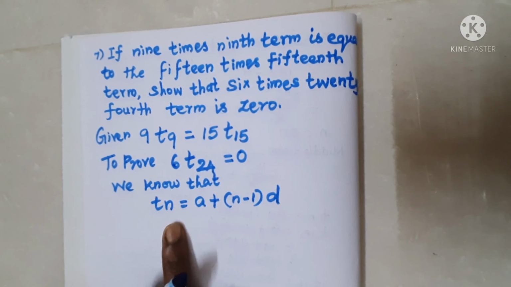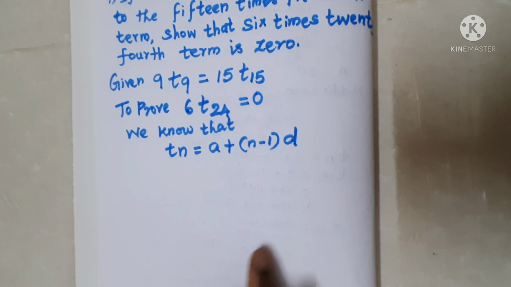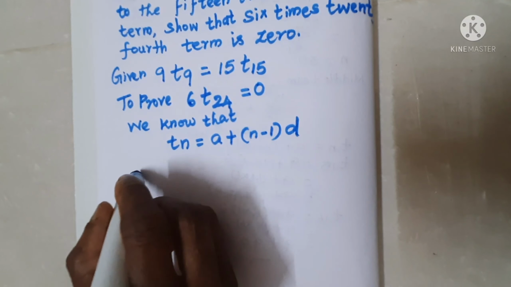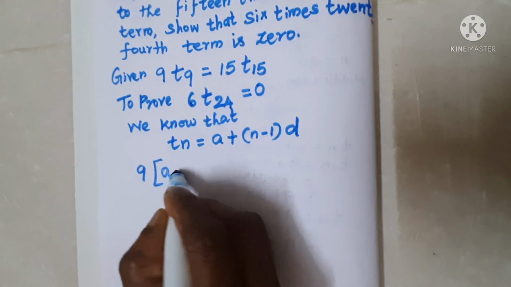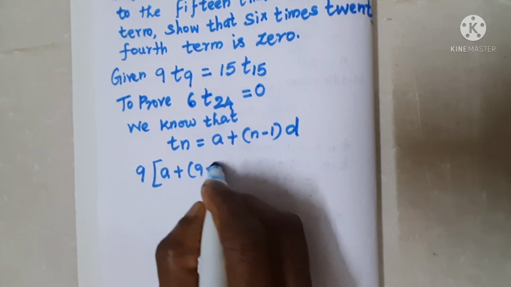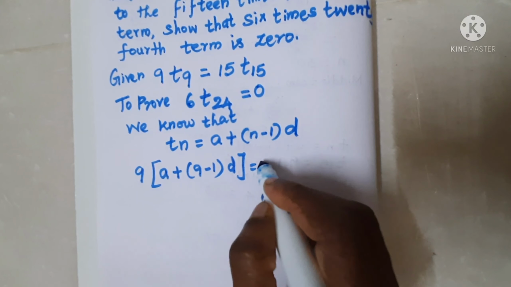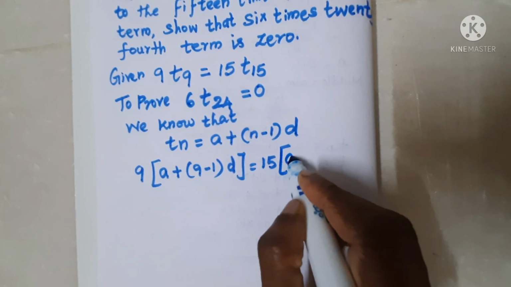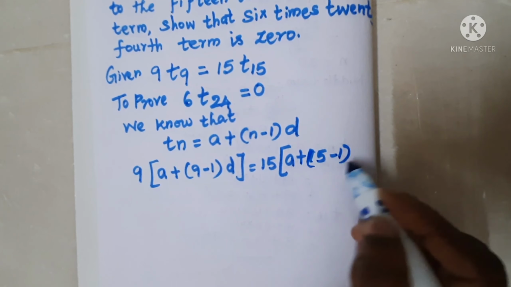So here, using that formula, you write 9 into T9, that is a plus, instead of n, 9 minus 1 into d, is equal to 15 times the 15th term, that is a plus 15 minus 1 into d.